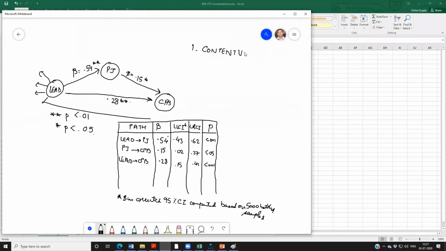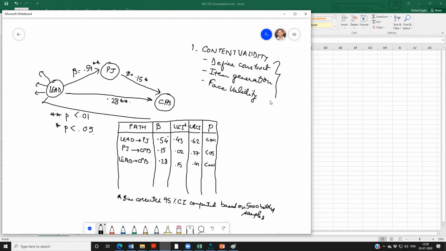Content validity was qualitative. Remember, we said we will define the construct, develop items, so item generation happened, right? And we will do face validity. This all goes in the domain of content validity.